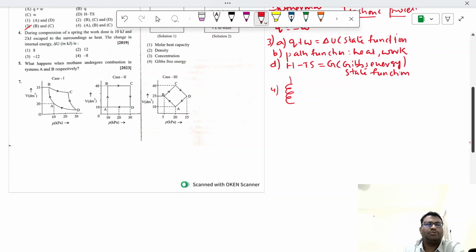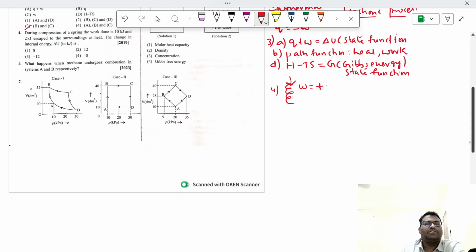Compression means you are pushing the spring. That means work is done on the system. If work is done on the system, according to the first law of thermodynamics, W is taken as positive. According to sign convention, we have to take it as positive. So work is done on the system, compression work.